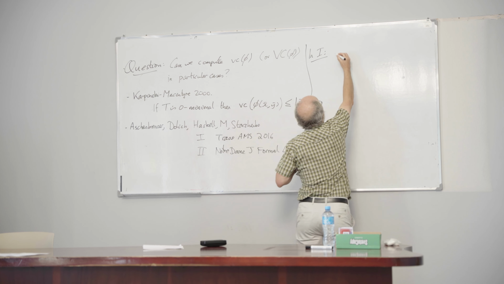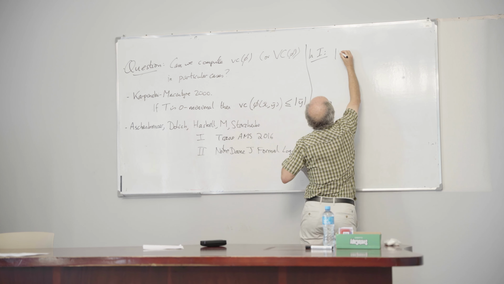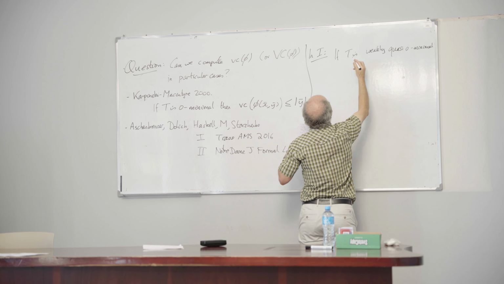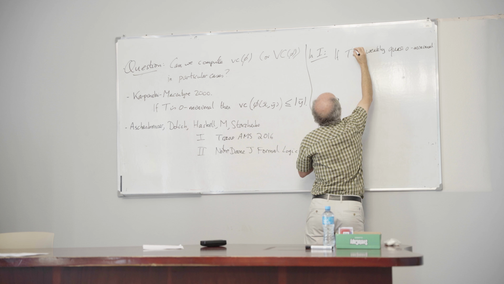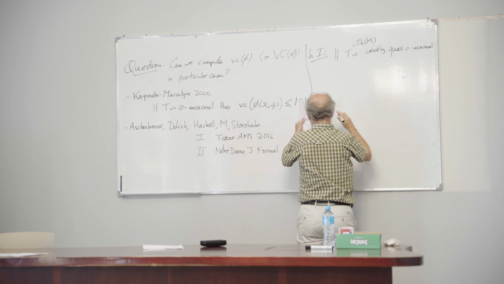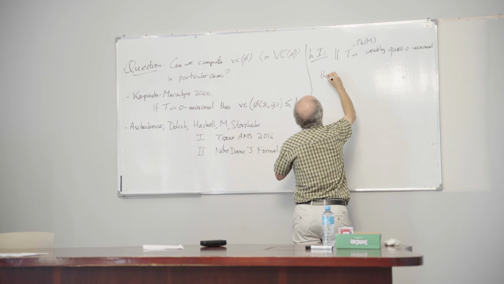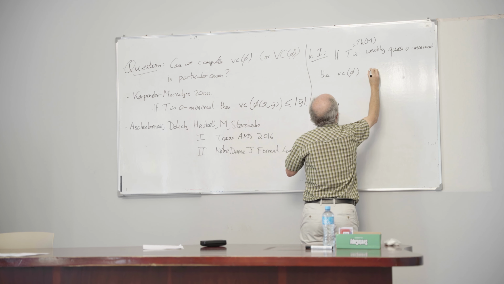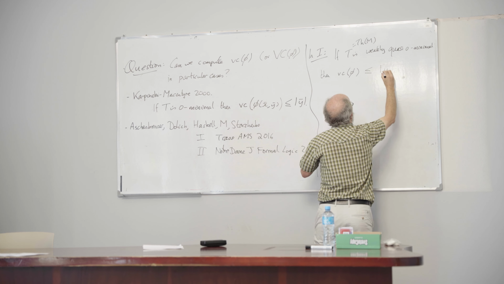So if T is, I think we show actually weakly quasi-minimal, T was, well, T equals the theory of M. Then VC of phi is less than or equal to the length of y bar.